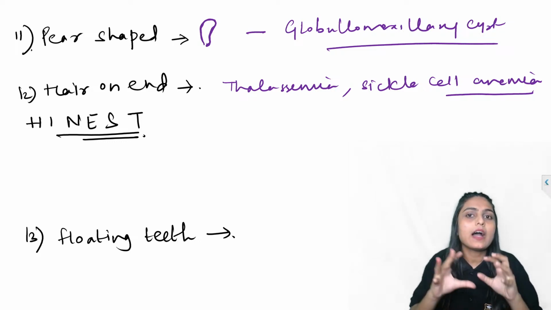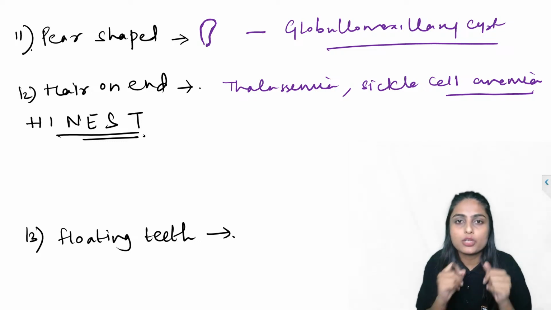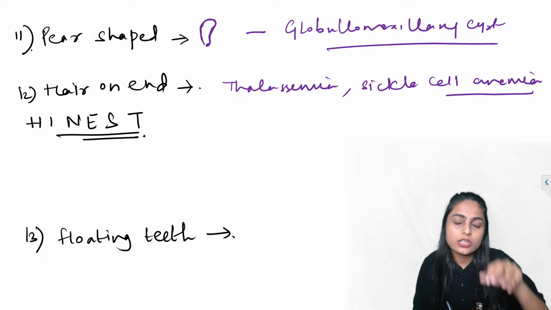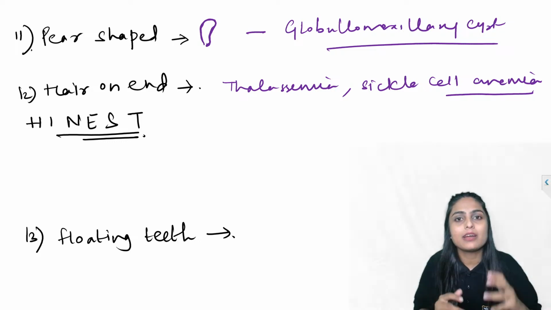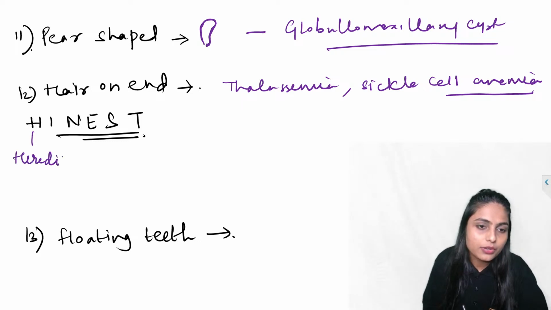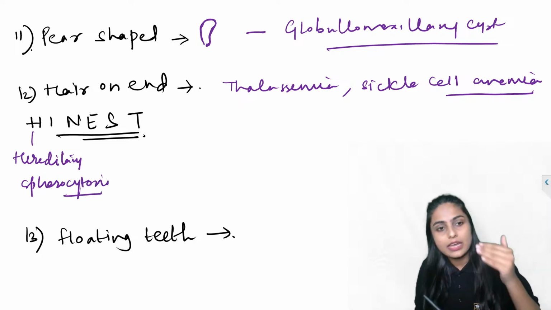But when they ask you a confusing question with confusing options, you must know there are conditions in which hair on end appearance can rarely be seen. So first is hereditary spherocytosis.